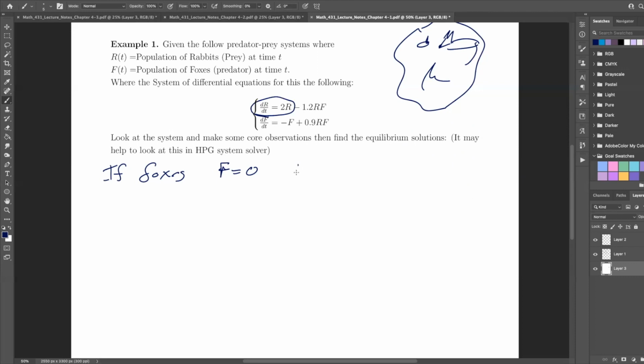So the rabbits here will grow without limit. If there are no foxes, the rabbits are going to grow without limit.